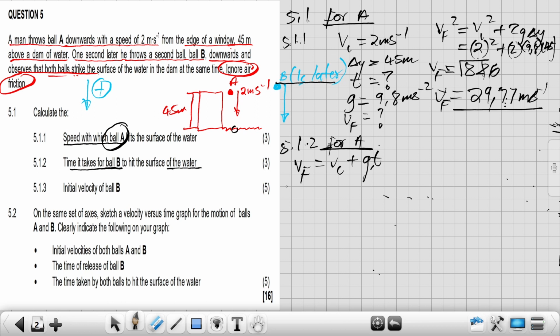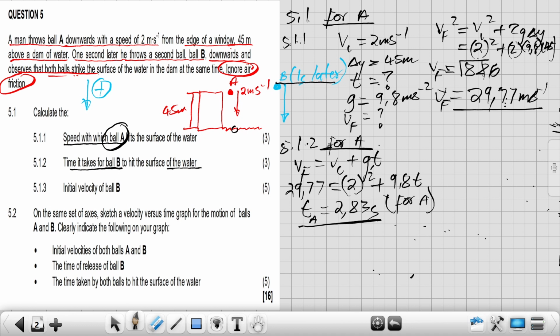Then I know that I have my final velocity as 29.77, which equals V initial, given as 2 meters per second, plus 9.8 T. Solving for T, I will find that my T is something like 2.83 seconds. But at this time, I must specify that this is for A. Hence, it is always important to emphasize what you are calculating. So I just calculated the time taken by A to hit the ground.